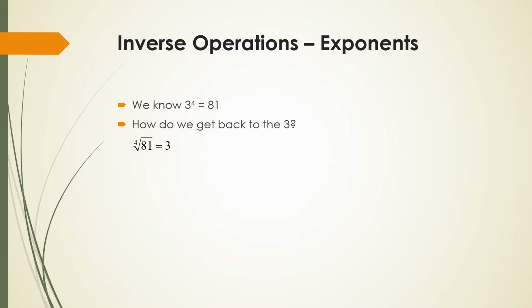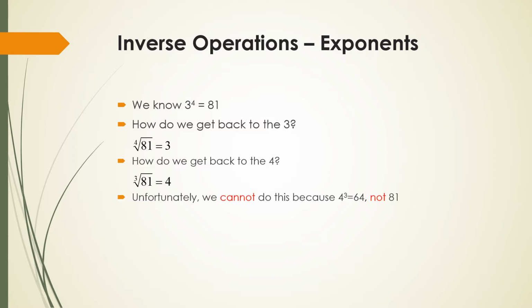And that's how I can easily get back my 3. But how can I get my exponent back? Is there anything that will tell me what the exponent is? If I try to do that same root thing, that didn't work. The cube root of 81 equals 4? No, that didn't work at all. So that does not work.